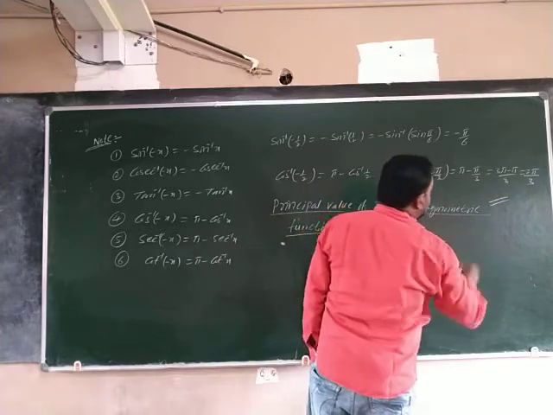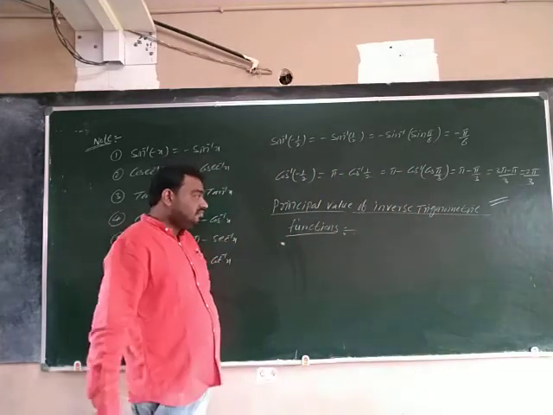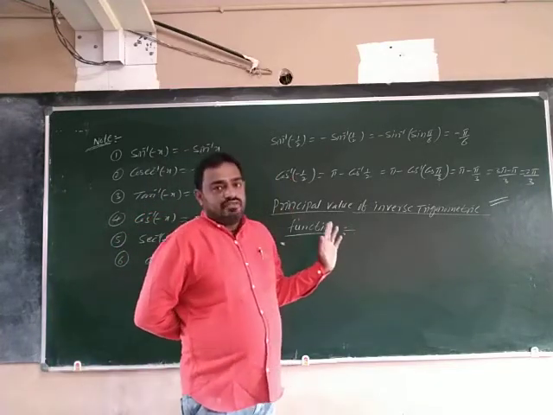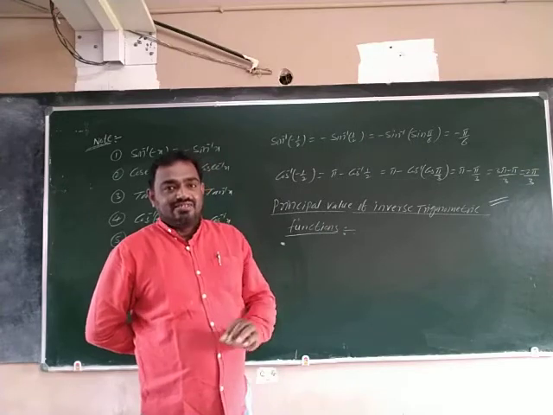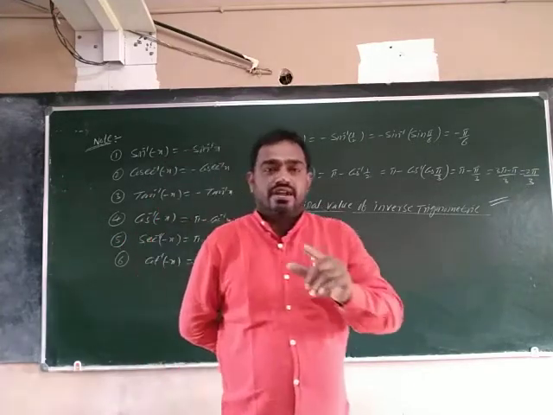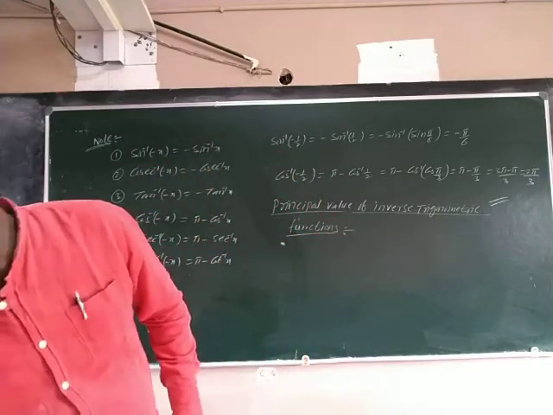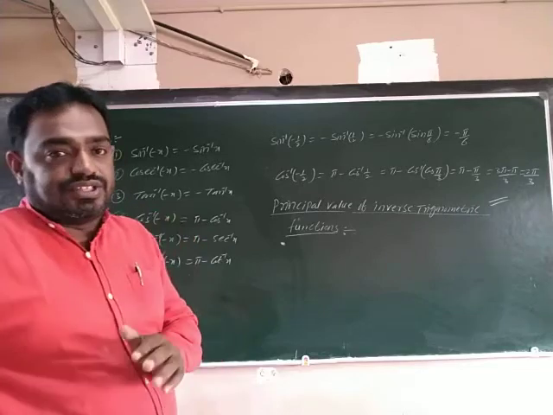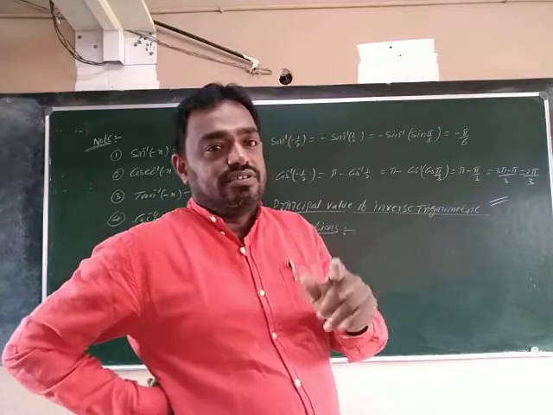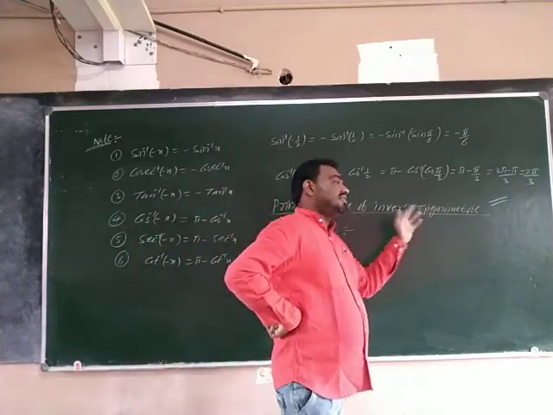See, the value which lies in the principal value branch, what do we call that one? Which value lies in the principal value branch, that value is called the principal value of inverse trigonometric function.